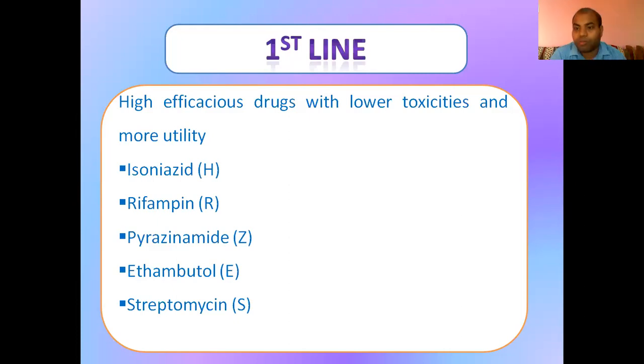Isoniazid is also known as INH, but for the treatment of TB, it is known as H. So if the drug regimen has been decided, the name is not listed as isoniazid. It is listed only by the short form of the drugs, that is HRZES.